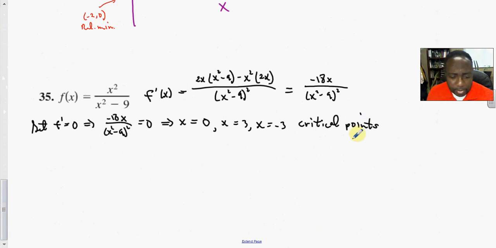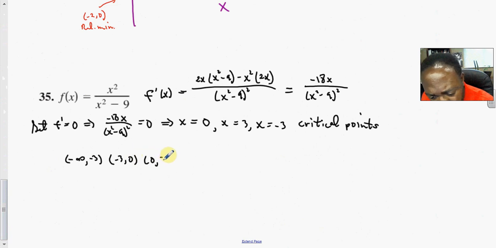So we now partition the number line based on these critical points. This is negative infinity. We go from least to the greatest: negative infinity to negative 3, negative 3 to 0, 0 to 3, and then 3 to positive infinity.